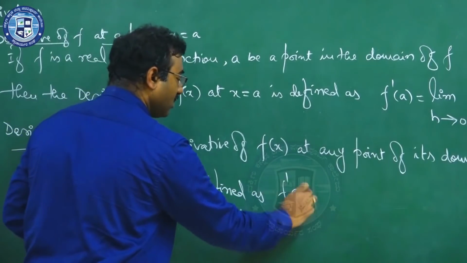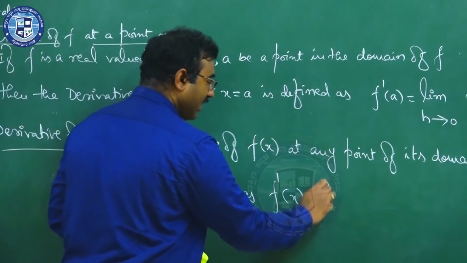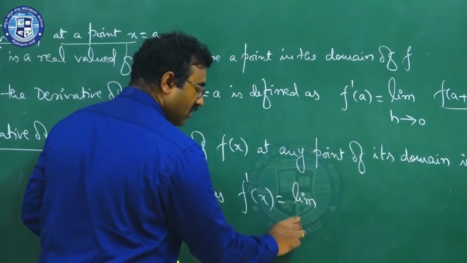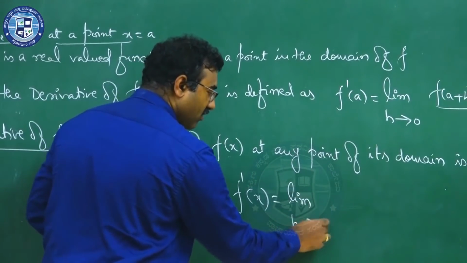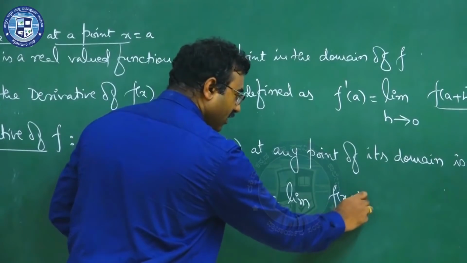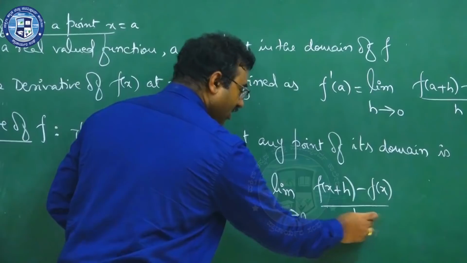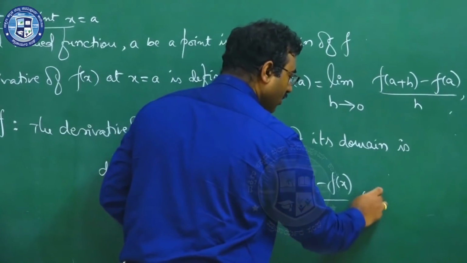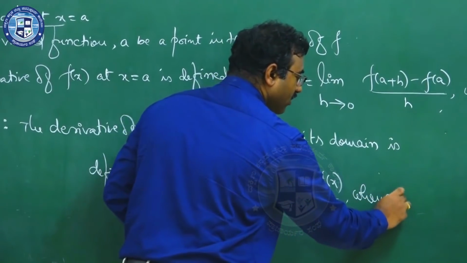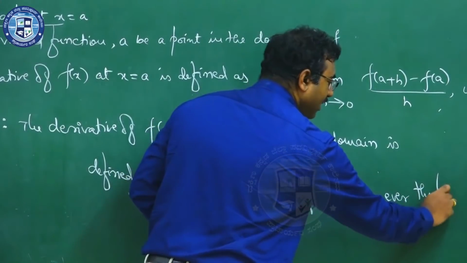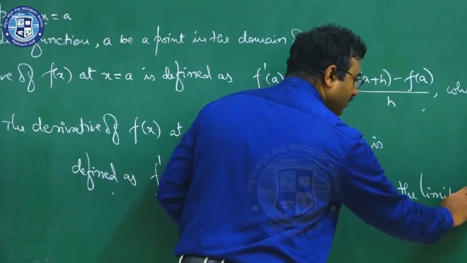f dash of x is equal to limit h tends to 0 f of x plus h minus f(x) divided by h, whenever the limit exists.